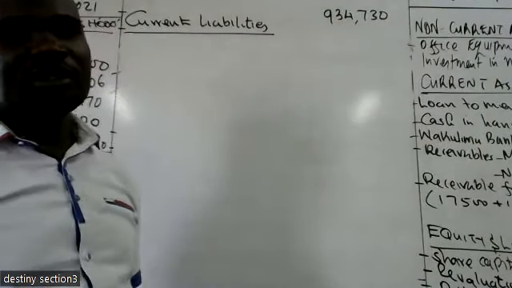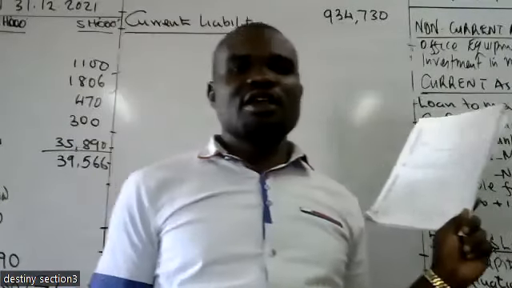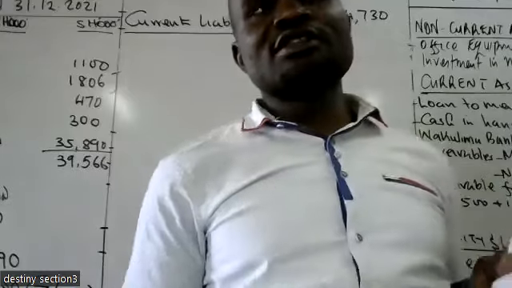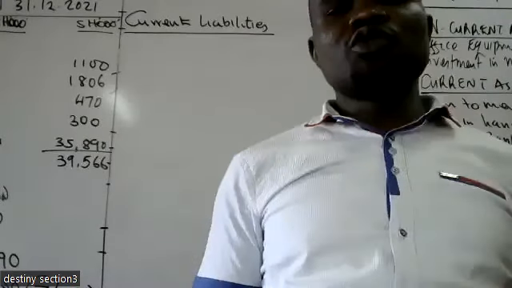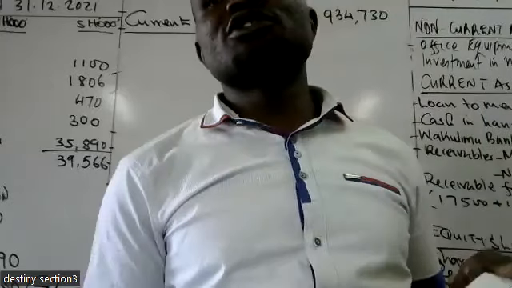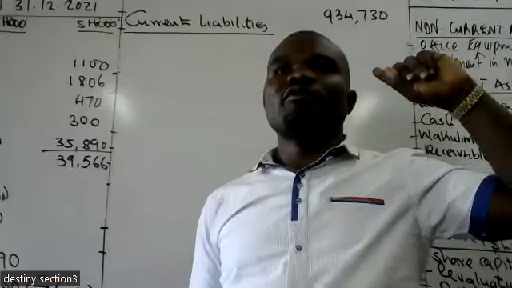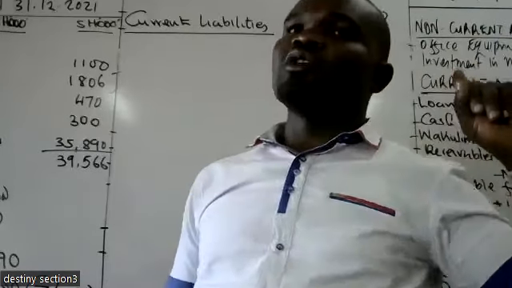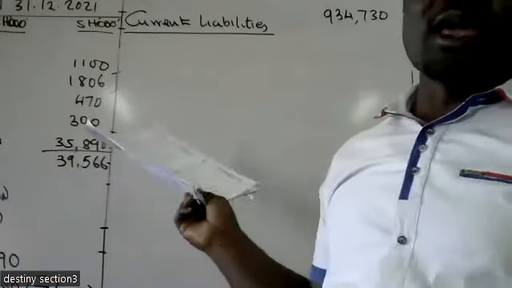Current liabilities, let's pick them. Listen to this. Anything the examiner says is proposed to be provided, those things have not been paid. They are considered as part of accruals. So you capture them as current liabilities.